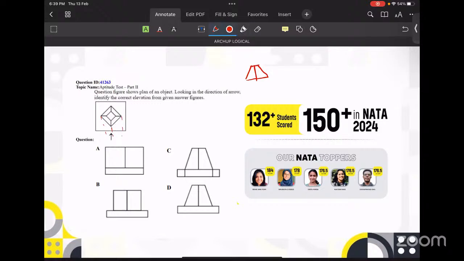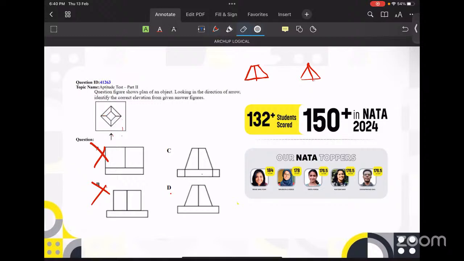This is the front view of this particular shape. If it was a completed pyramid like this, then the front view would be like this. But it is not completed. Option A wrong, B wrong. The doubt is between D and C.